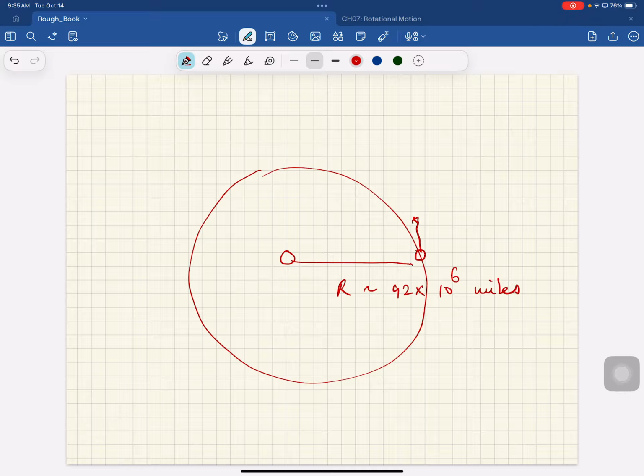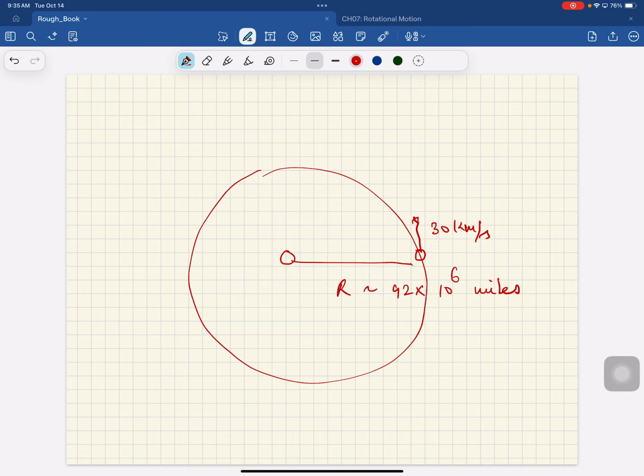The speed of the earth is 30 kilometers per second, which is roughly 20 miles a second. The earth goes from here to, let's say, Palm Coast in 1 second. That's how fast the earth is going.